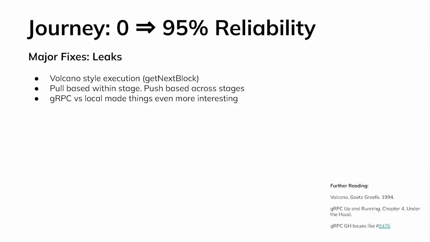But the join stage will yield and wait for the leaf stage to signal that there is some data ready. So once the leaf stage signals, okay, I have processed some data, there is a new data block coming in, the operator chain corresponding to the join node will wake up and start executing, and it will start consuming the data that is already pushed by the leaf stages. So it's a hybrid of pull and push based.